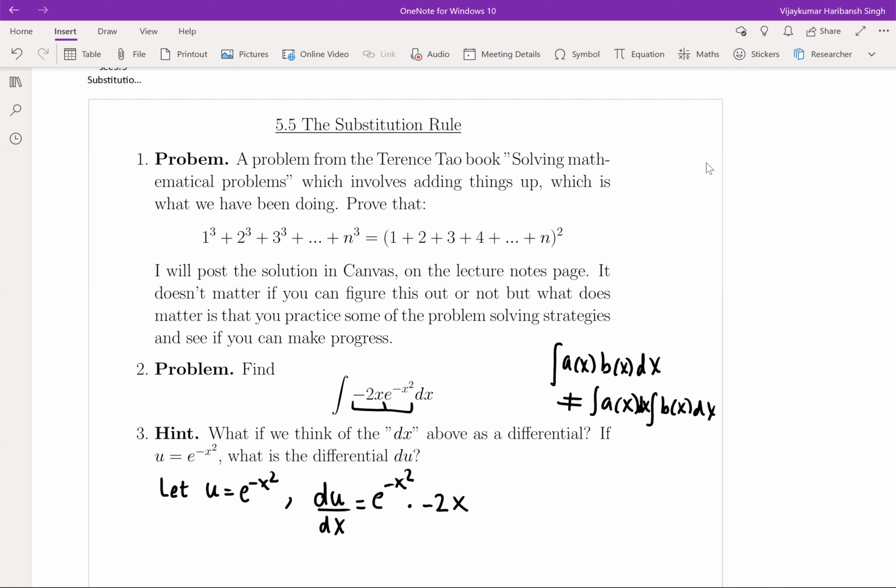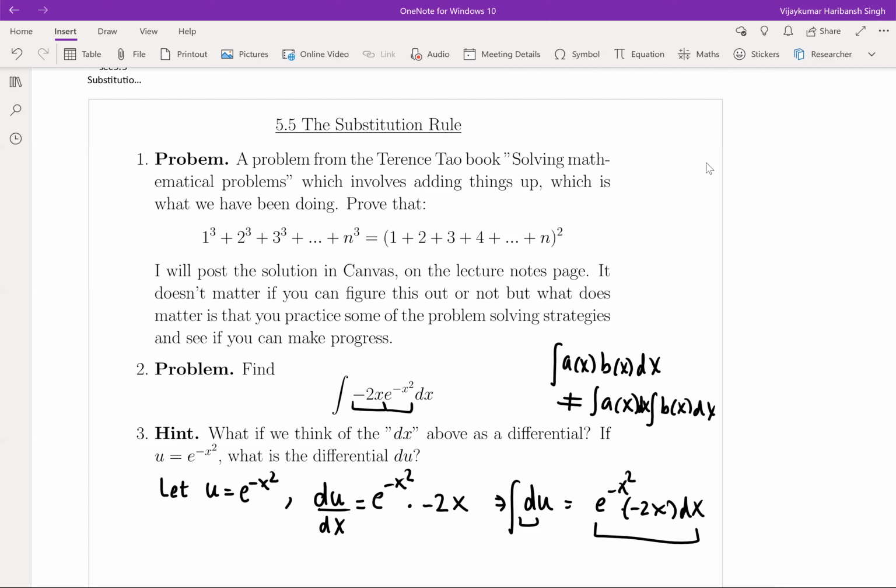So therefore, du is the same as e to the minus x squared times minus 2x dx. So this differential du is equal to this differential.